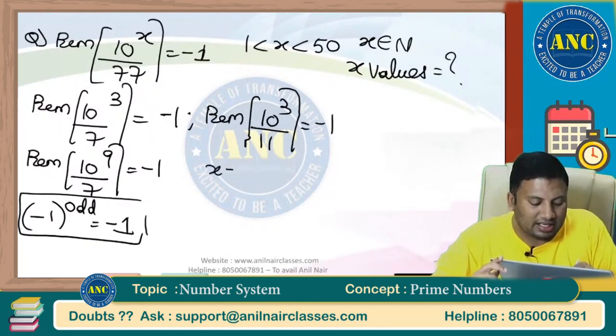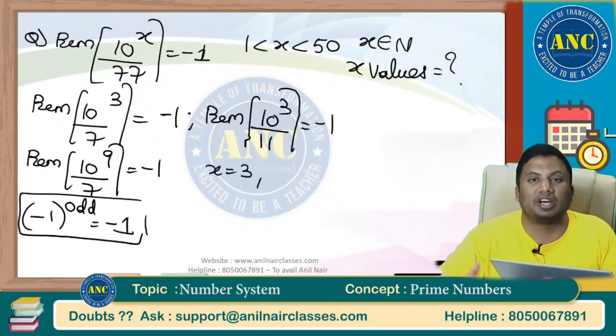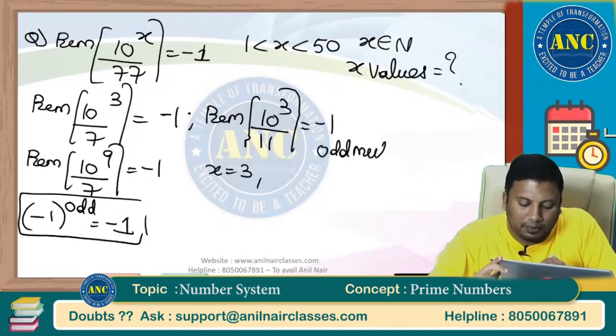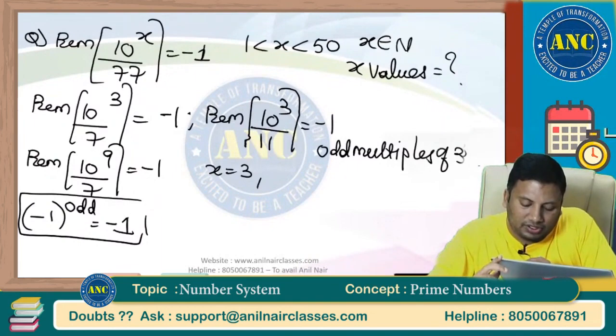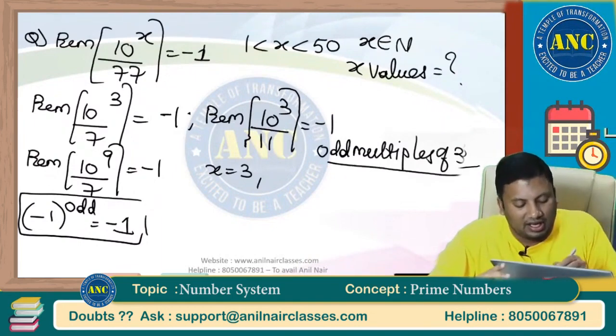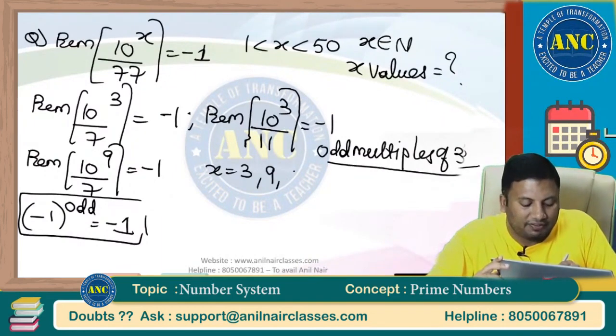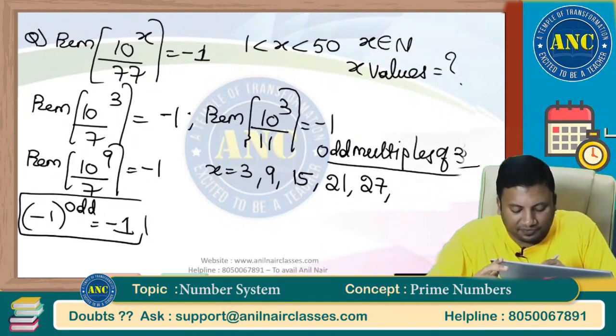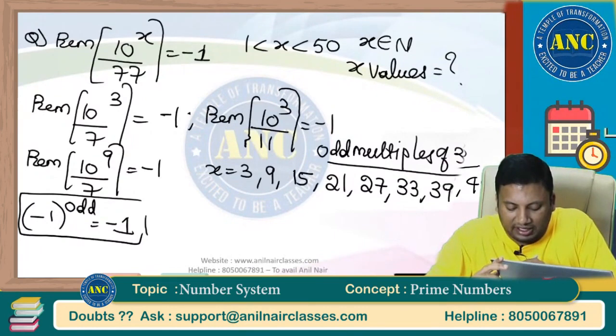That means x can take odd multiples of 3. What do we mean by odd multiples of 3? 3 1s are 3, 3 3s are 9, 3 5s are 15, 3 7s are 21, 3 9s are 27, 3 11s are 33, 3 13s are 39, 3 15s are 45.